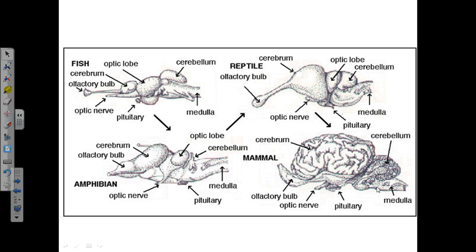Go down to amphibians, which would have come next. Notice the cerebrum's a little bit larger, actually quite a bit larger. Olfactory lobes, still pretty big. Optic lobe is big. It kind of surprises me that the cerebellum of an amphibian is not bigger than it is, because it seems to me like it ought to take a lot of tongue-eye coordination to swat a fly out of the air, right?